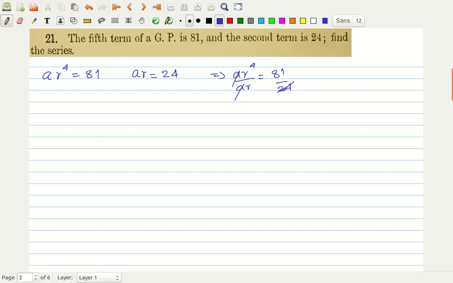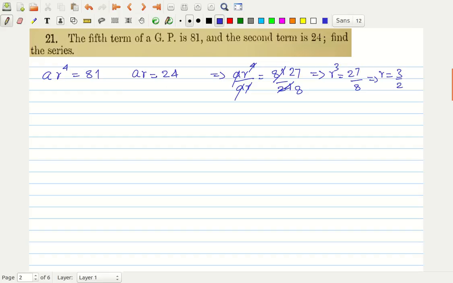This is 3 times 8, and this is 3 times 27, and this r cancels, and you get r cube is equal to 27 by 8, and therefore r is equal to 3 by 2, right? So we know that r is equal to 3 by 2.